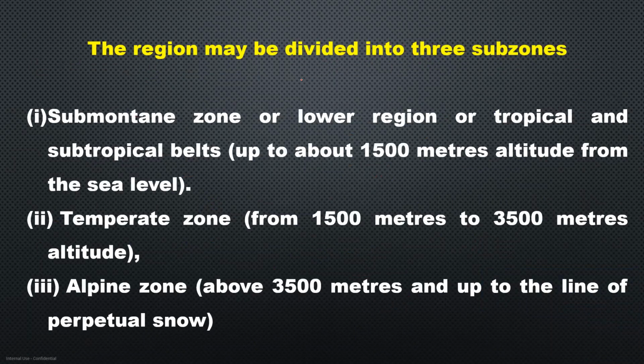Next, see, the region may be divided into 3 subzones, okay? Submontane, temperate, alpine. Submontane zone or lower region or tropical and subtropical belts, which ranges up to 1,500 meters altitude from the sea level, okay?